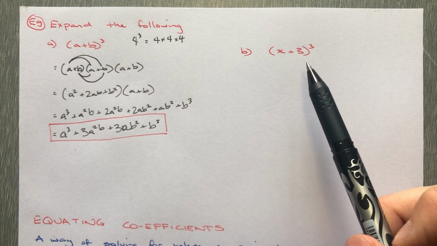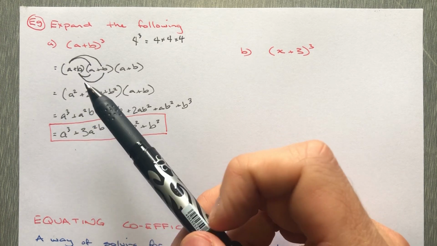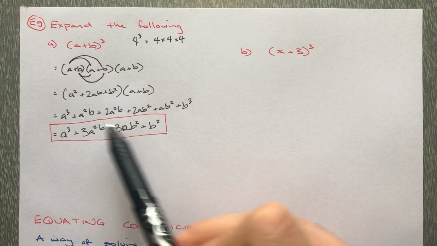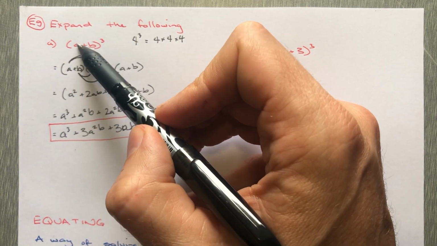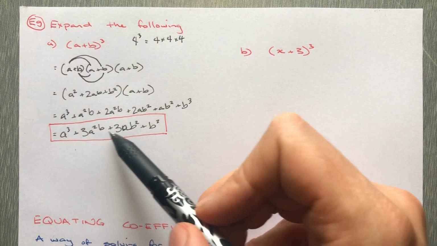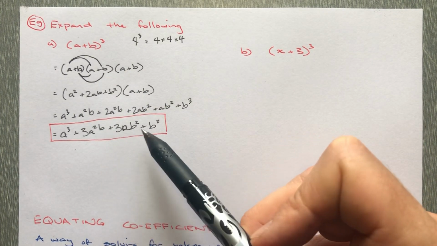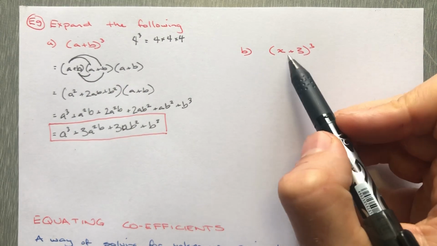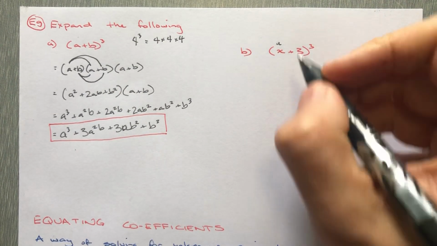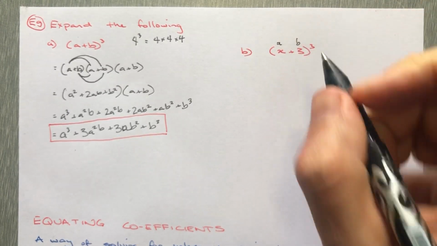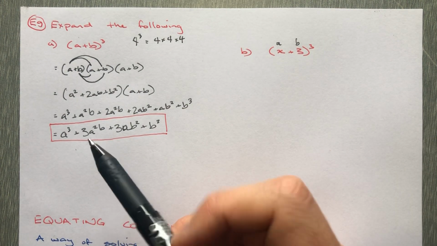So there's another example over here. We could do it with this process, but I'm going to try to save time, so I'm going to use this rule just here. Now remember, that's our A. See how there's A's there? That's our B. See how there's B's in here? So if we look at this one here, this is going to be our A, and this is going to be our B. All we need to do is take those values and put them inside this rule, and it's the expanded version.